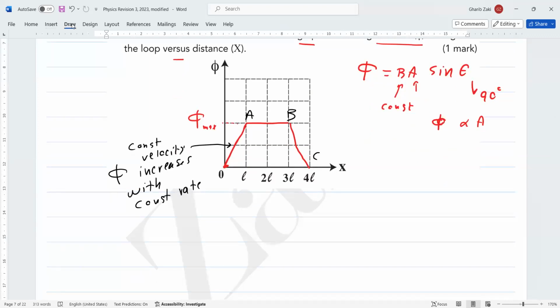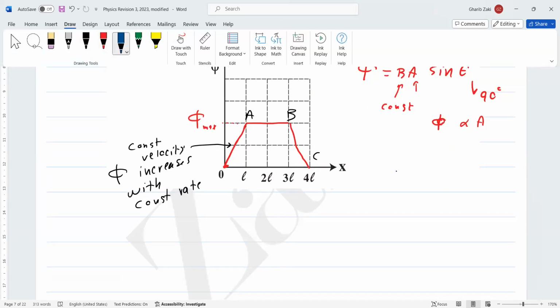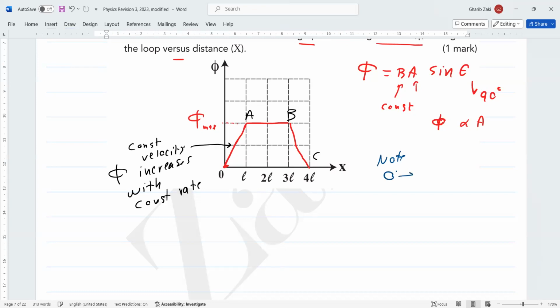From O to A, an EMF is induced, because we have a change in flux. It has a constant value, because phi increases at a constant rate. What about from A to B?